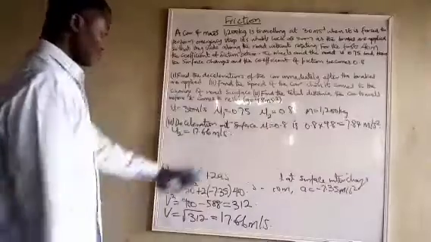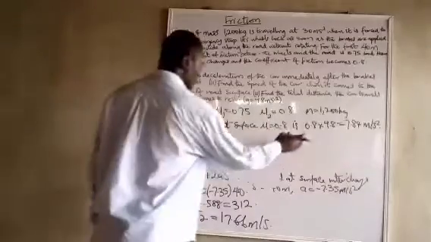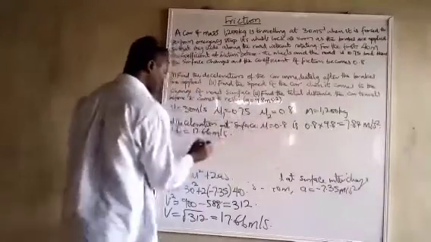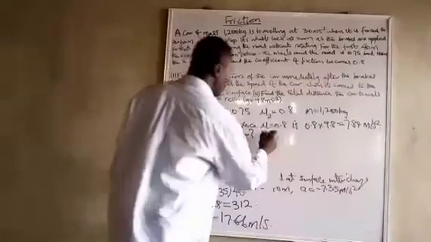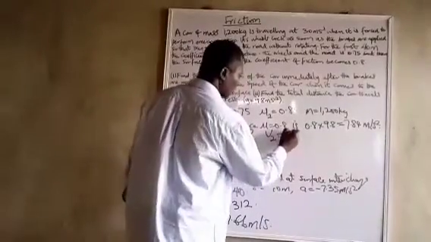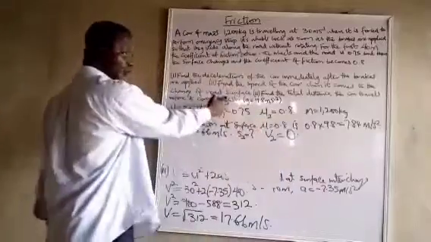You have gotten that. Now, for us to get the distance over this surface, S2, we know that V2 is equal to 0 because we are asked when it comes to rest.